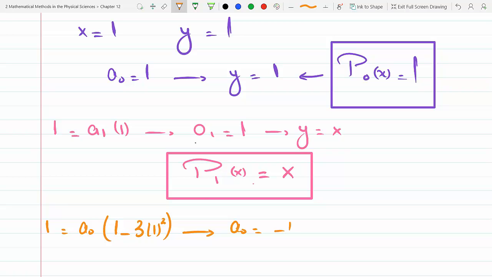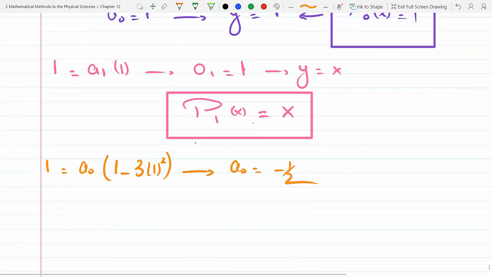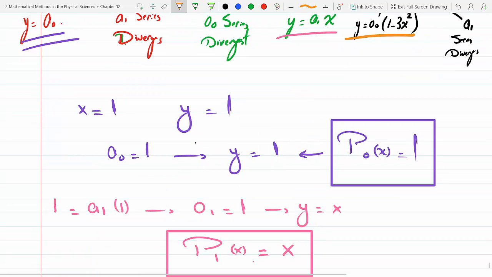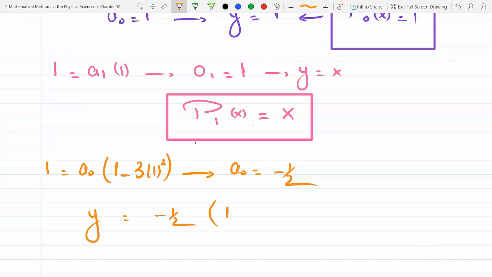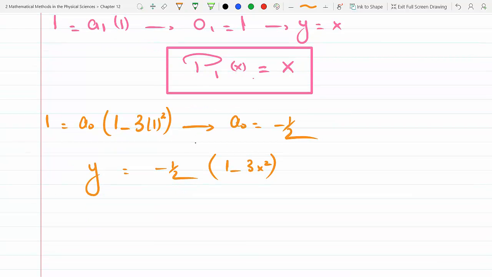If I plug this in, I get y equals minus half times 1 minus 3x squared. If I switch this around, if you're counting p0 as the first, this would be the third Legendre polynomial, p2 of x equals 1/2 times 3x squared minus 1.